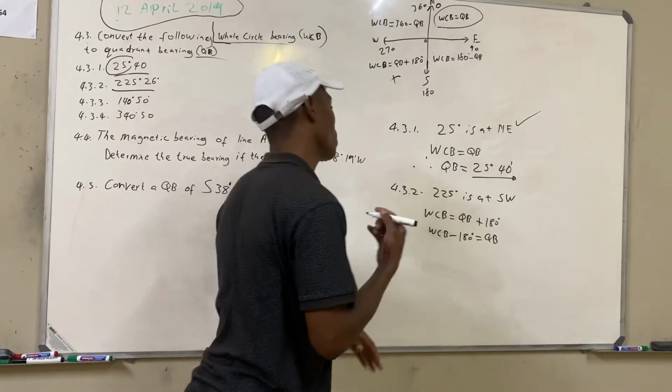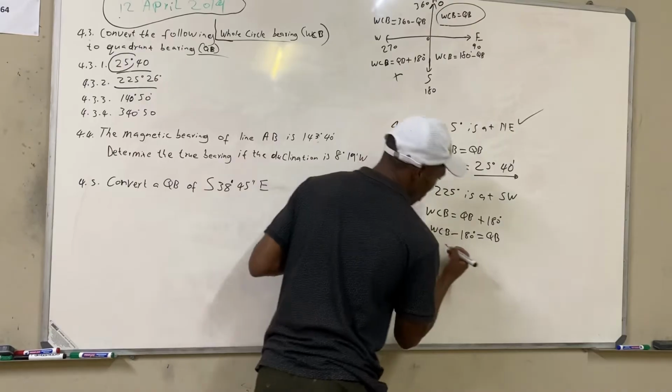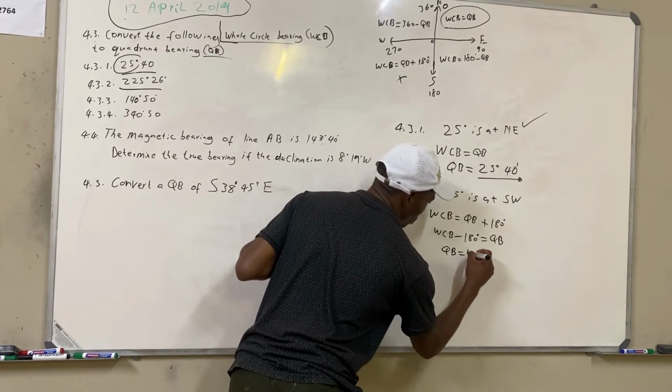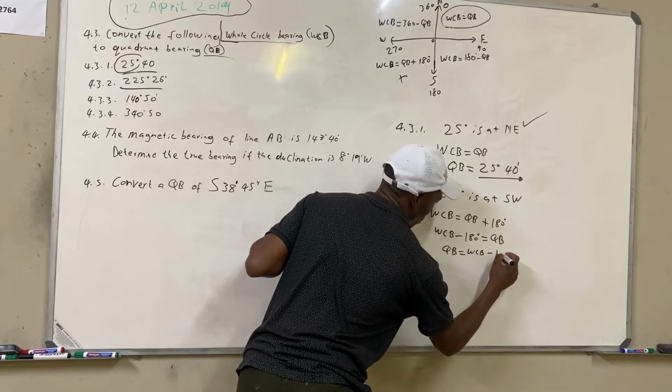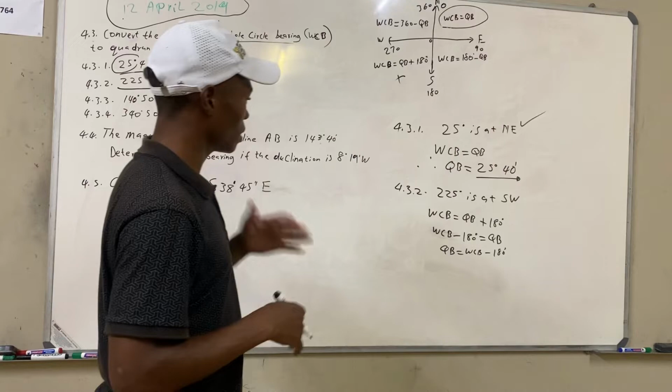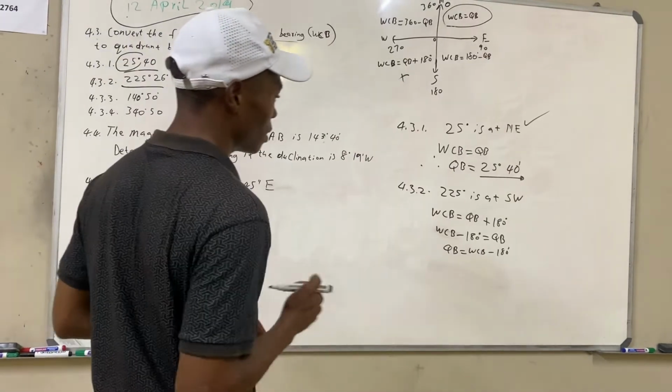This is the subject of the formula. So to write it well in mathematics, the quadrant bearing is equal to the whole circle bearing, subtract 180 degrees. Like this, because the answer must always be on the right hand side.